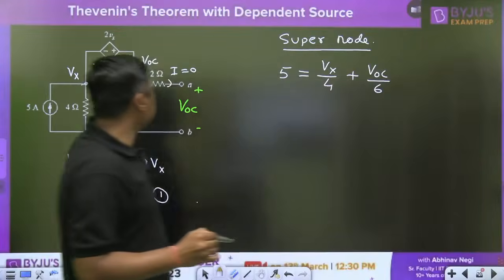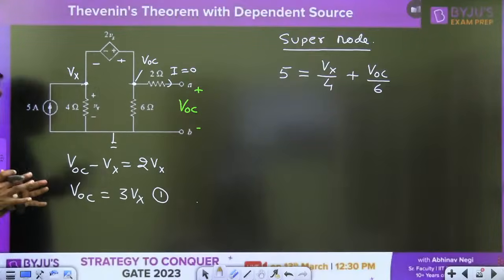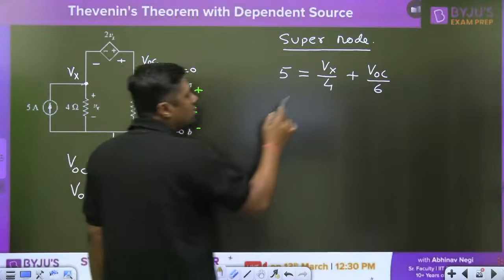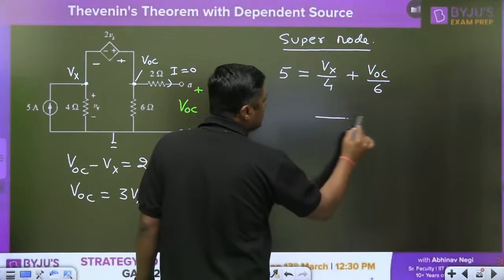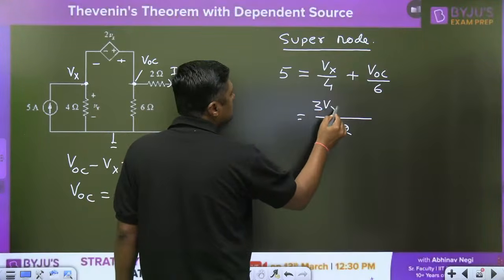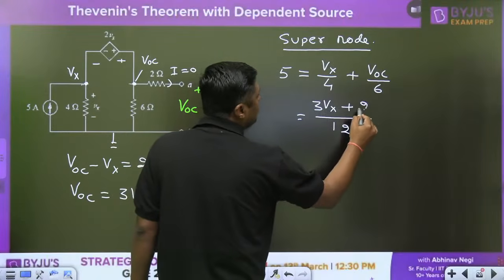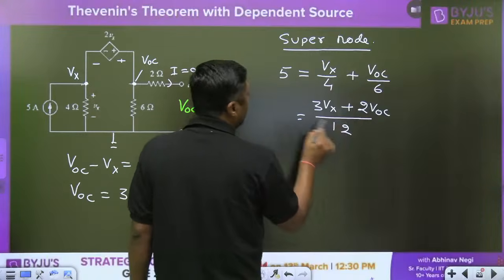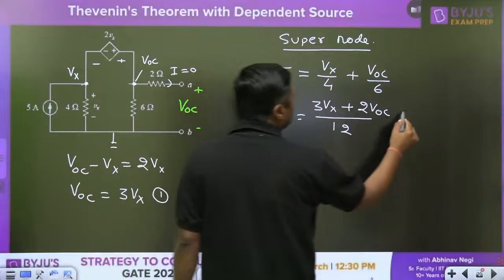And what is the current in this branch? 0. This is called super nodal analysis. Now you can take 12 as the LCM. This will become 3Vx plus 2VOC, equal to 60. This is equation number 2.